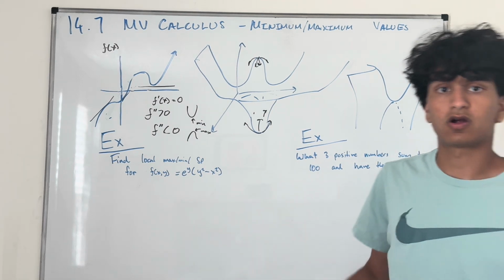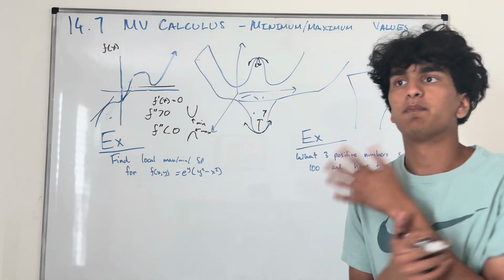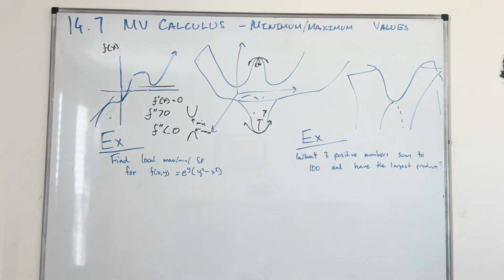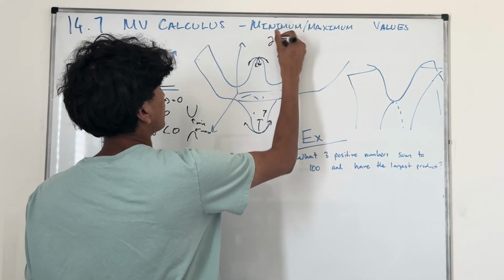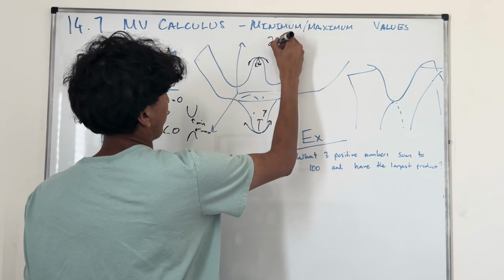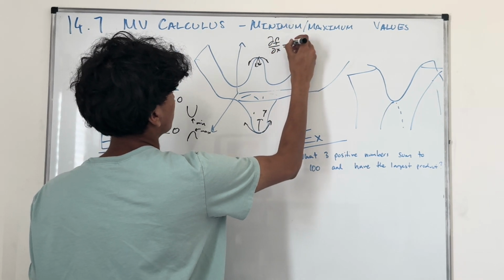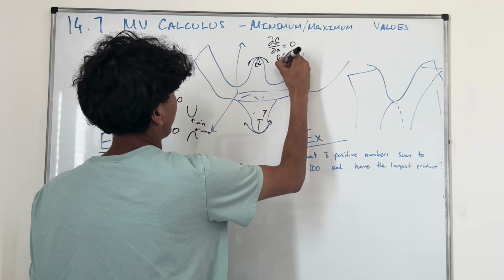And the critical points are when the partial derivatives are both equal to 0. So when partial f partial x is equal to 0, and partial f partial y is equal to 0.